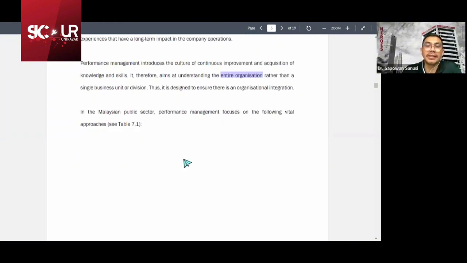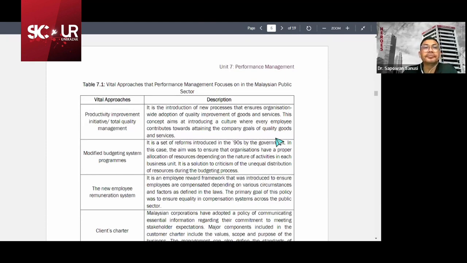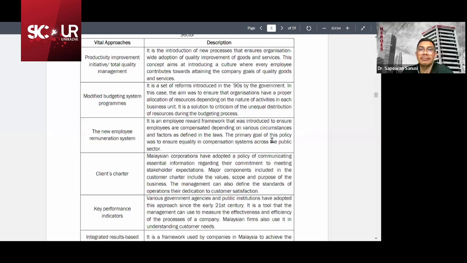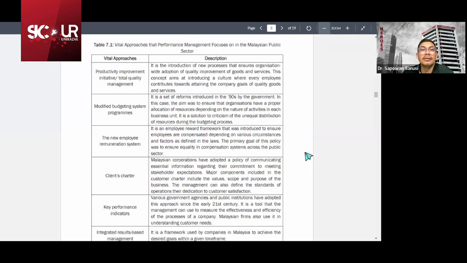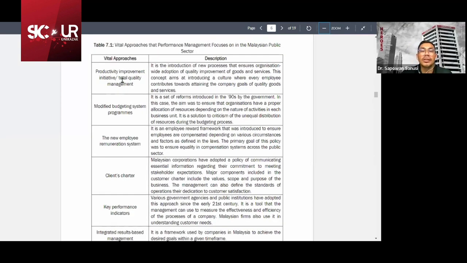In the Malaysia public sector example, performance management focuses on the following vital approaches. These are the vital approaches in the public sector. I think the private sector will be different. Productivity improvement initiative, total quality management. When we're talking about total quality management, there should be adoption of quality improvement in goods and services.